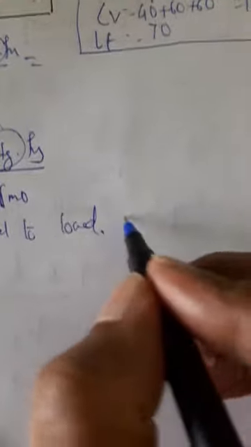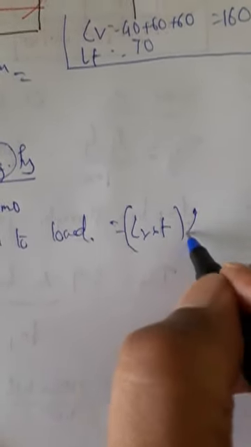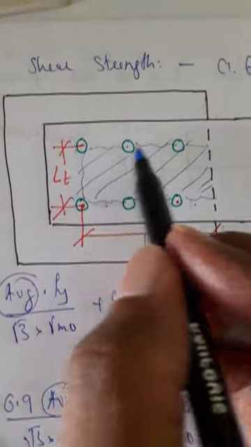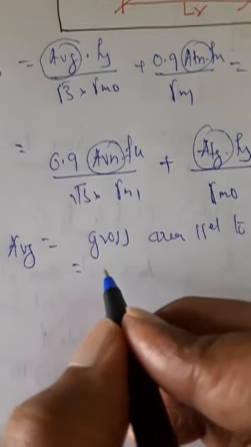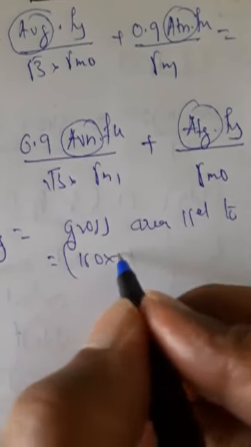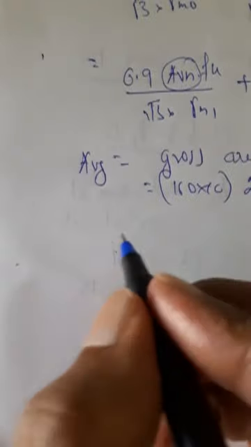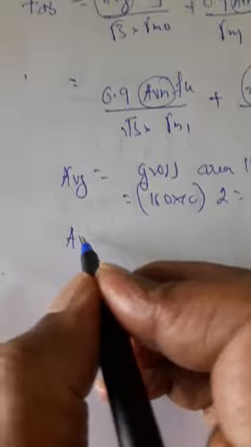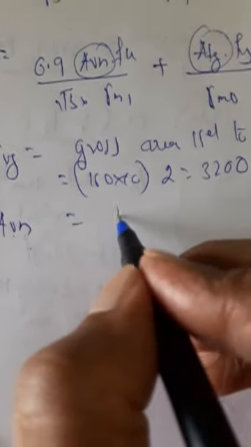Now gross area parallel to load is given by LV into T into 2. Why 2? There are 2 lines, 1 line and 2 line. So this gives me the value 160 into 10 into 2, 3200.